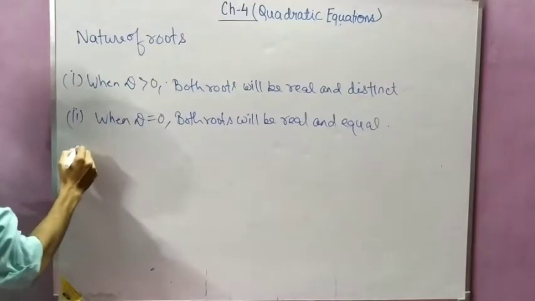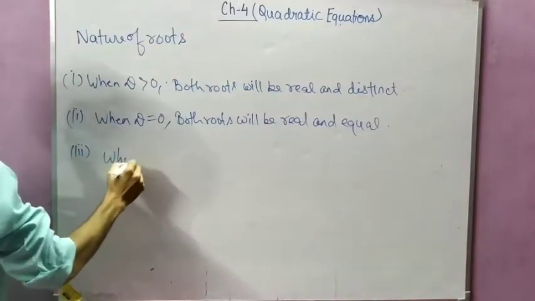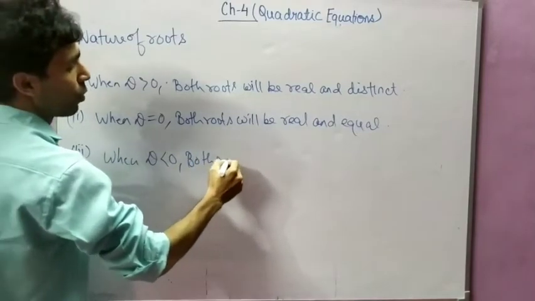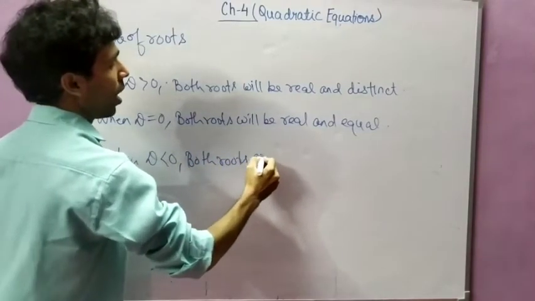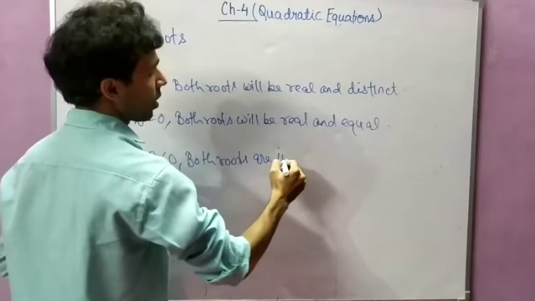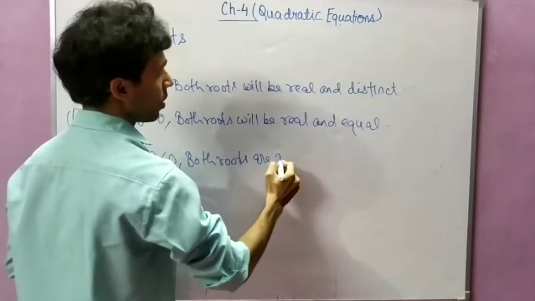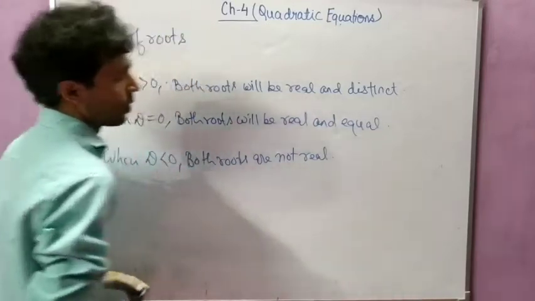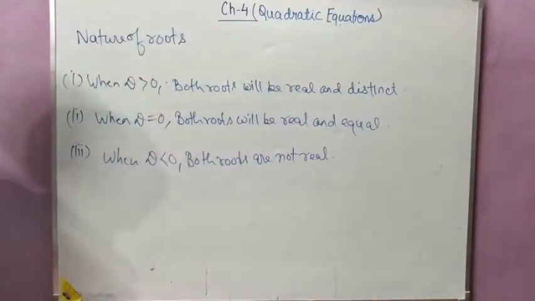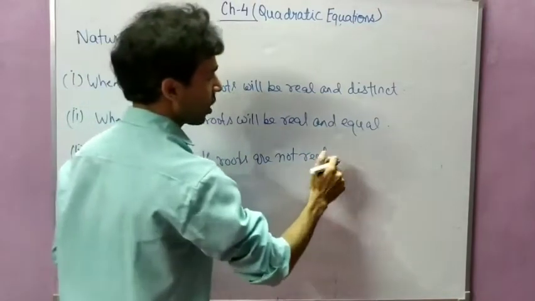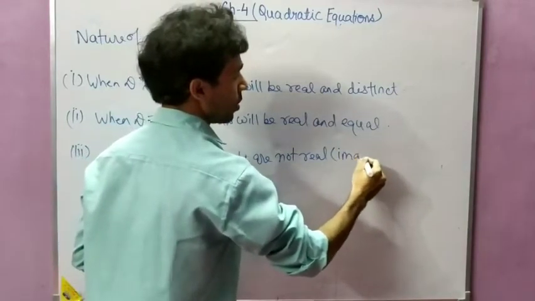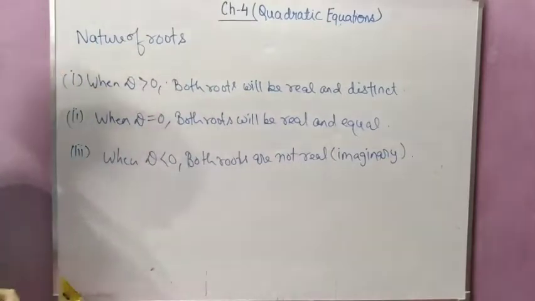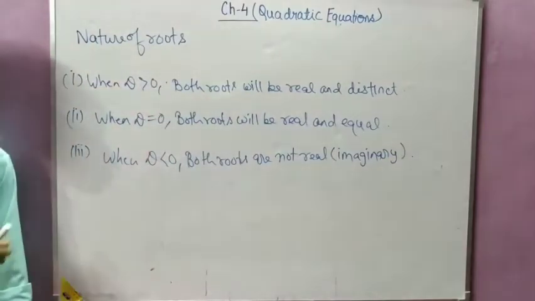And third case, when D is less than 0, both roots are not real. Are not real means they are imaginary. Not real means in bracket you can write imaginary. Okay? So by this way you can identify the nature of the roots.